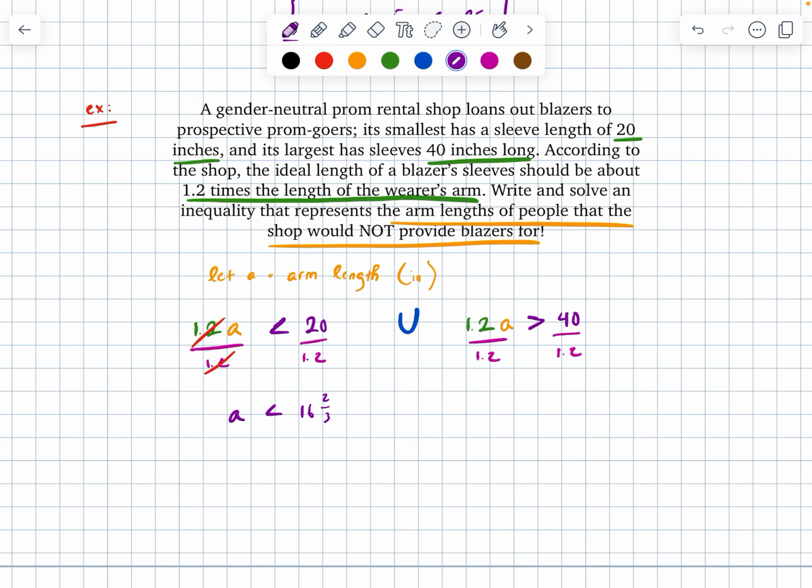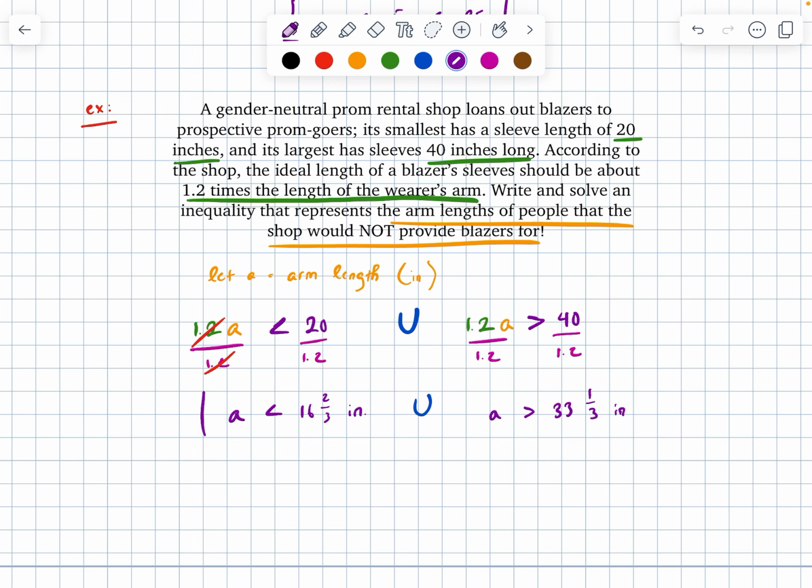In this case, if I'm talking about inches, I might actually leave it as the mixed number, 16 2/3. So I'll say 16 2/3 inches here. And then I have 40 divided by 1.2. Well, 40 is just 20 times 2, so if I take this number and multiply it by 2, that'll give me something as well. If you divide 40 by 1.2, that should give you 33 1/3.